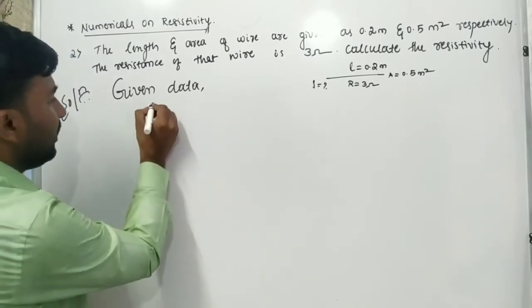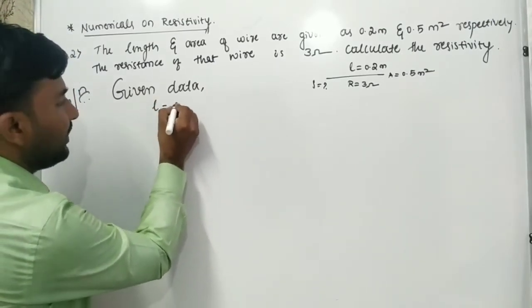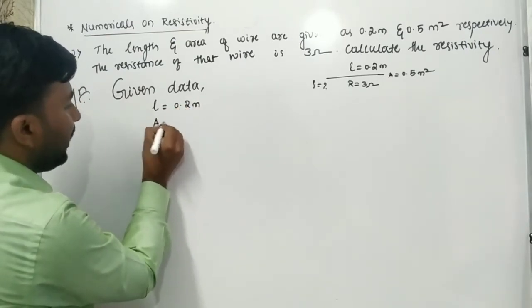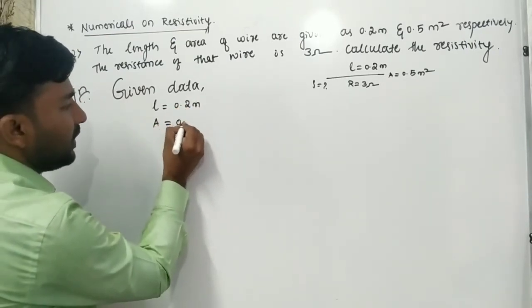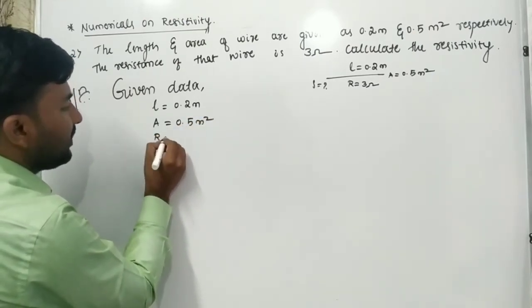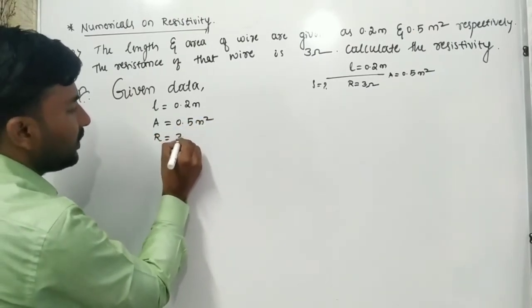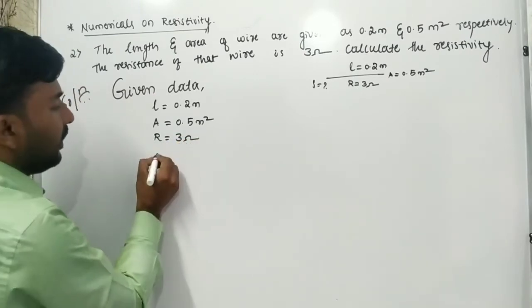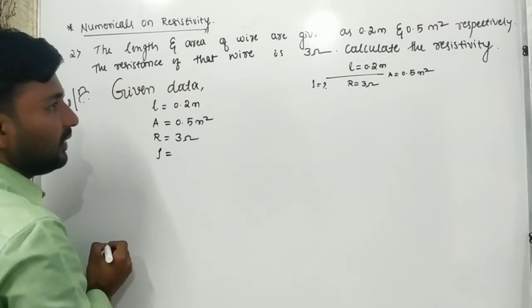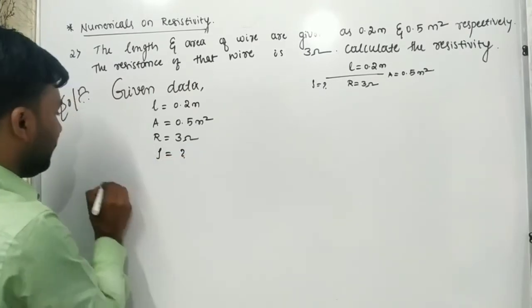So the given data is L is equal to 0.2 meter, area of cross section is equal to 0.5 meter square, resistance of the wire is equal to 3 ohm. We need to calculate the resistivity.